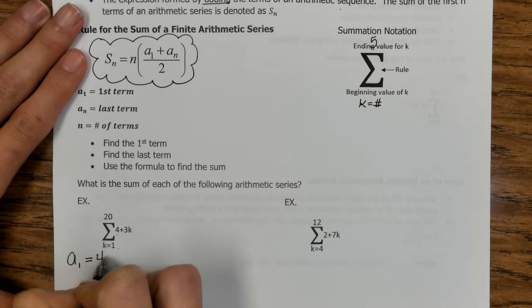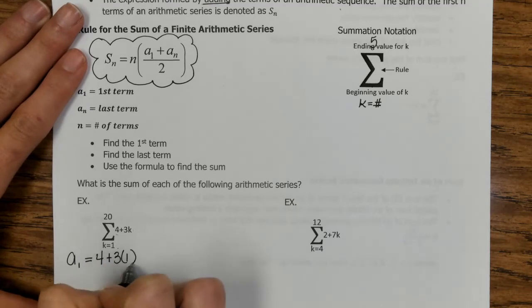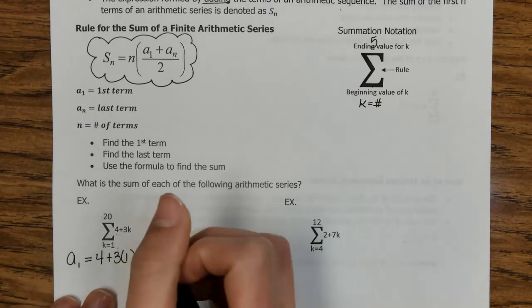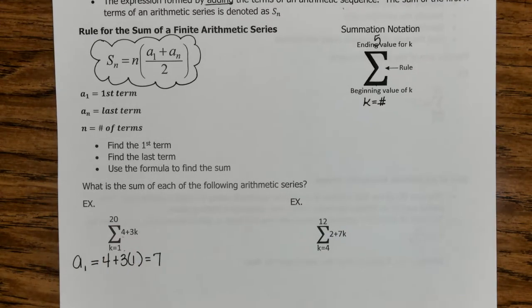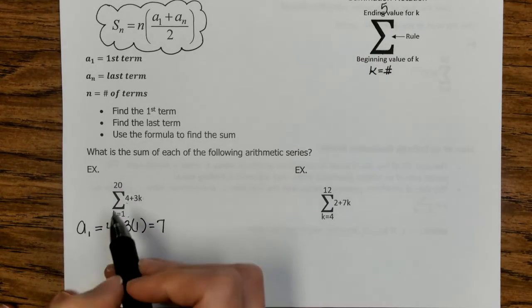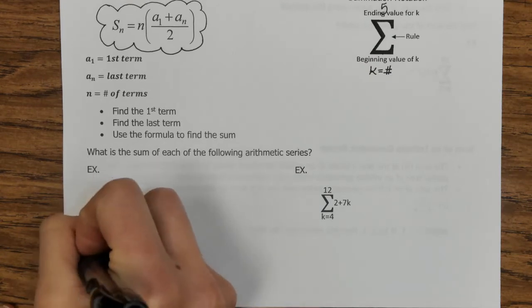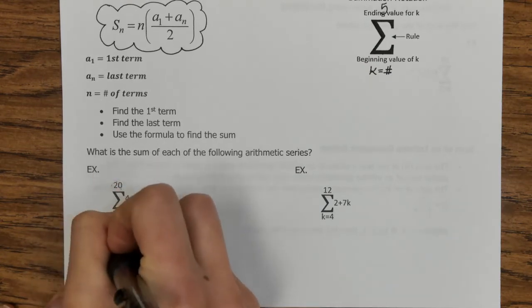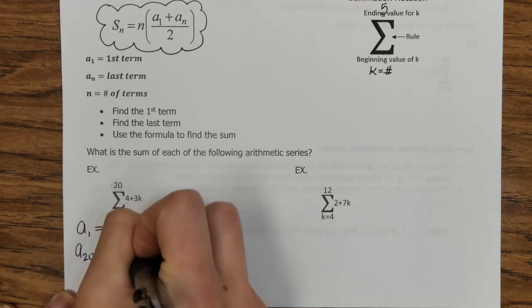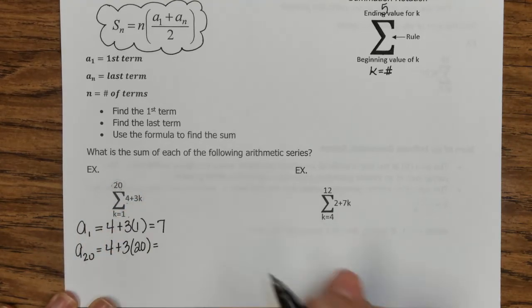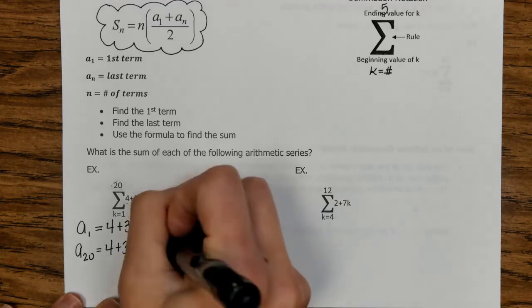So it's going to be 4 plus 3 times 1, which is 7. Okay? My last term means I'm finding A20. 4 plus 3 times 20. That's going to give me 64.